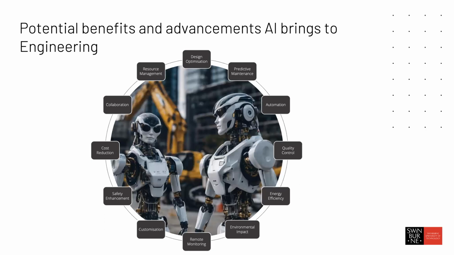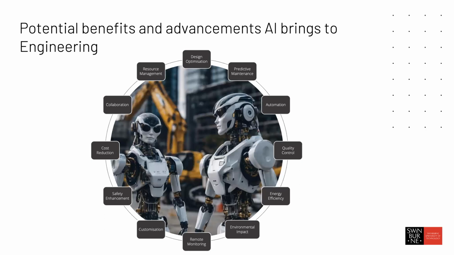AI-enabled vision systems and quality control algorithms can identify defects and anomalies in real time, and they can ensure that products meet their quality standards with the assistance of AI.